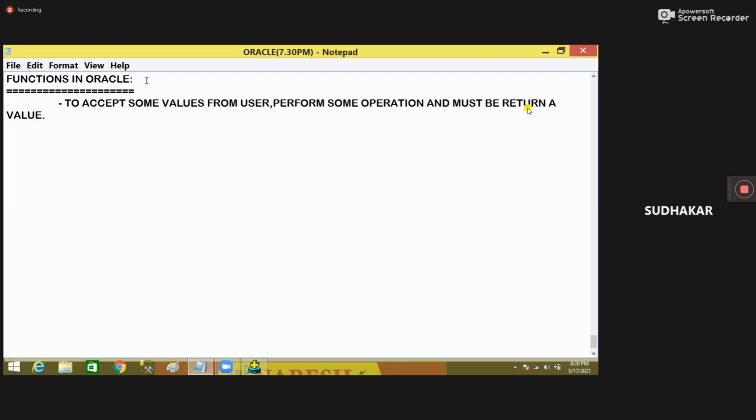And here, in our Oracle, there are two types of functions supported, guys. The first one is called predefined functions.